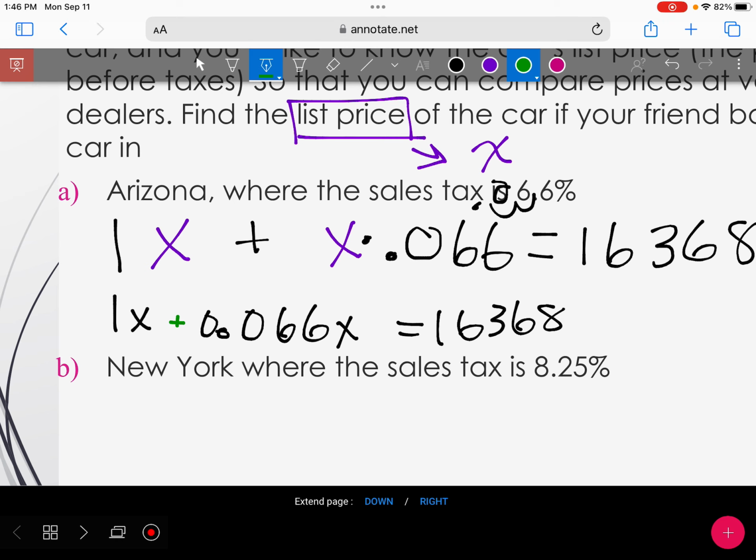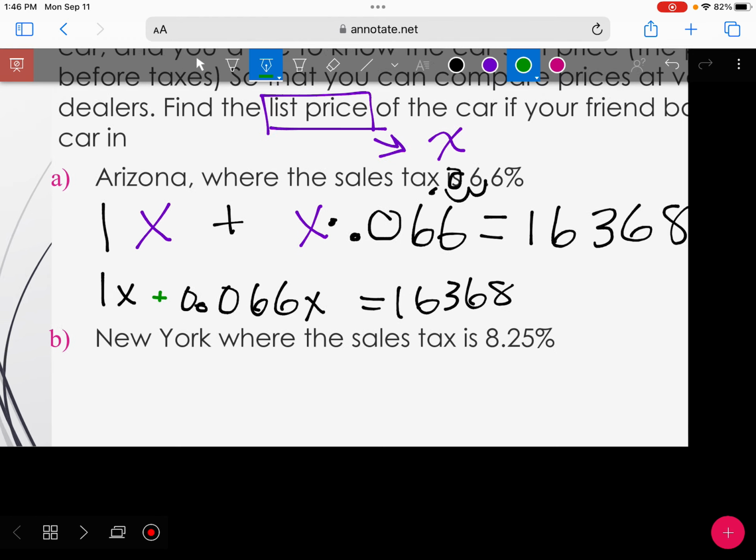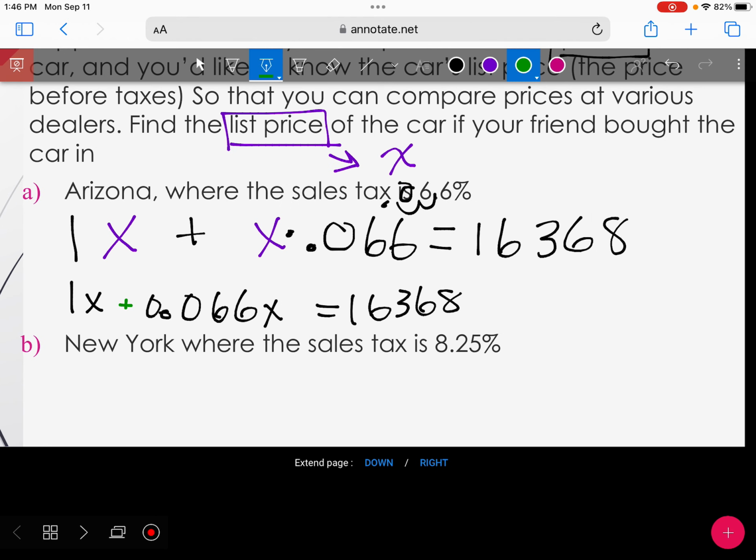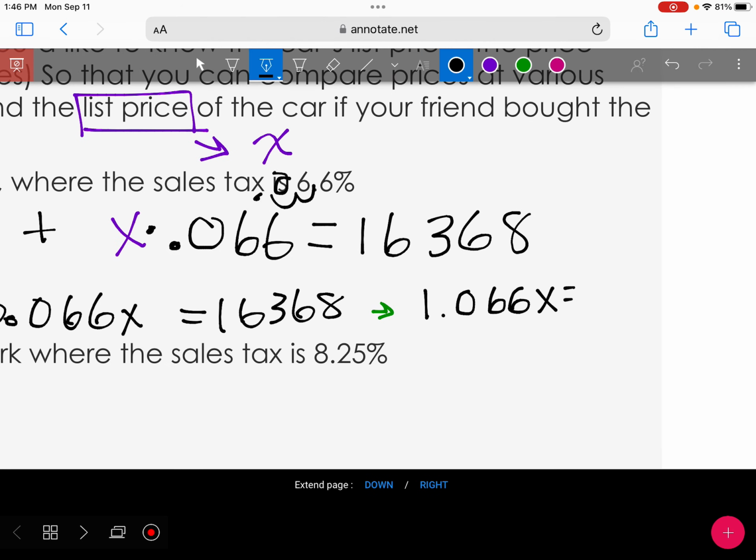So what if it's 1x plus 0.066x? This is really 1.066 times x equals that cost, 16368. And luckily you guys have way more space on your page to write than I do, because I am running out of space.